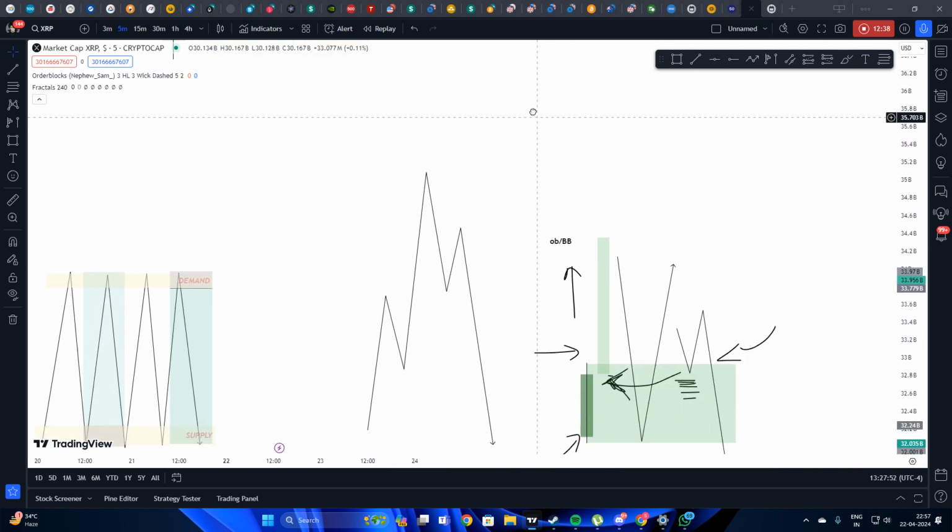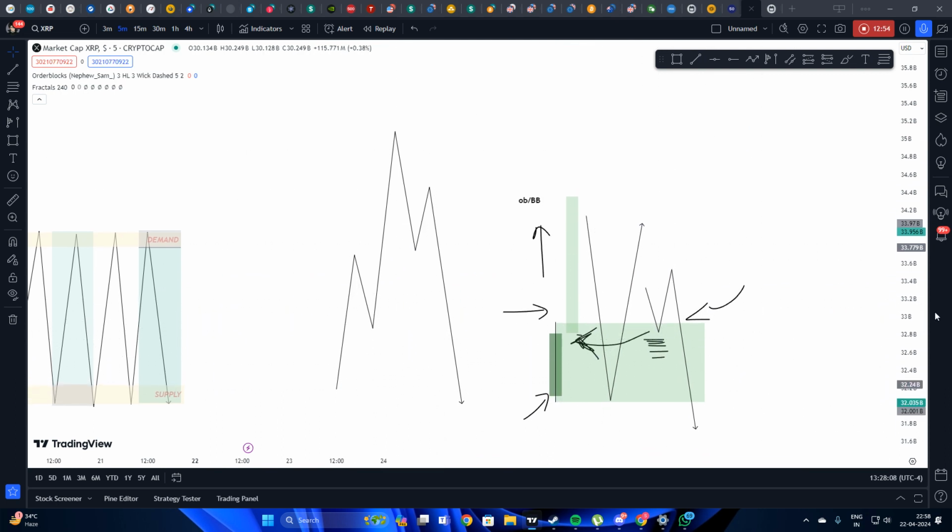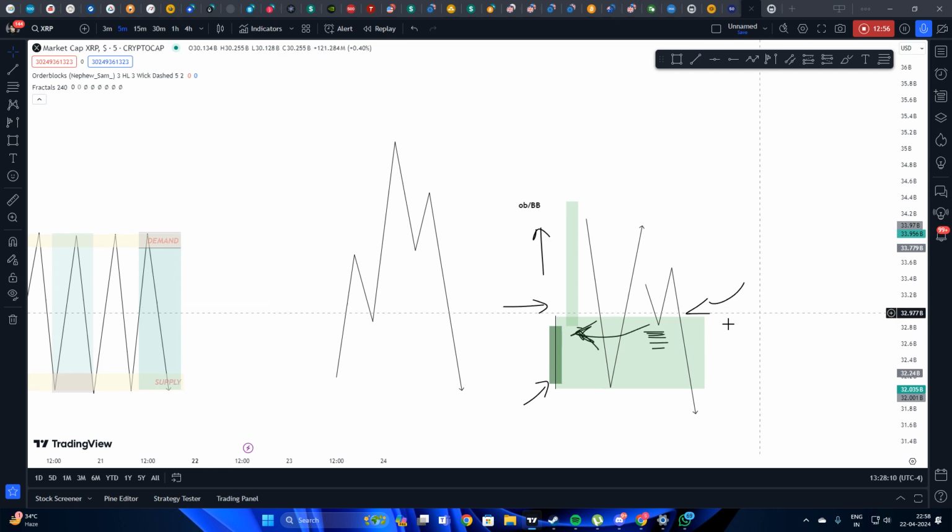Now, as we were talking about in the case of OBs, how do we know if the market is going to take support when it comes to an order block, and when is it going to reverse? We should always know that the market will always take a bump when it lands on an order block, at least for some seconds.